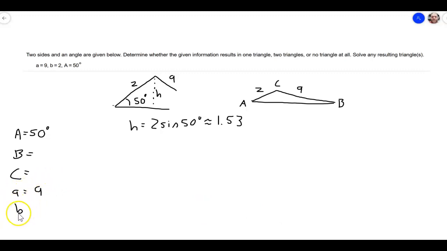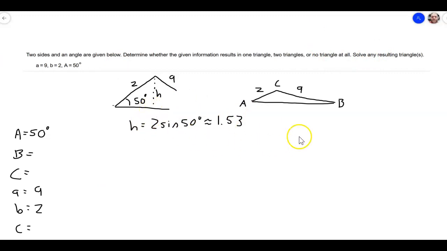My little b, opposite my big B, is going to be equal to 2. And my little c, we're going to need to figure that out as well. All right, so let's get working on this, and we're actually going to have one more hiccup along the way that's going to be important here, so we're going to be talking about that as well.